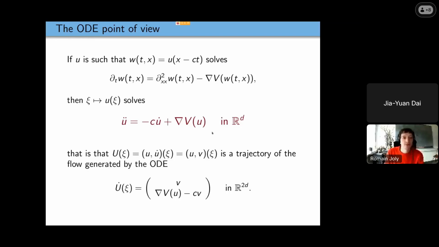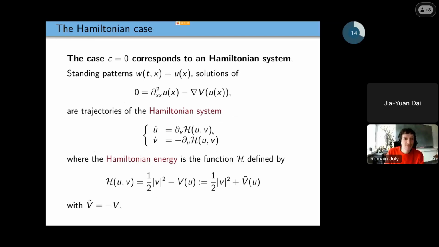So let's look first at the Hamiltonian case, that is the case where c is equal to 0. When c is equal to 0, it's very particular because you have a Hamiltonian system. You're looking at the standing patterns, the spatially non-constant solutions of your PDE, and they are simply solutions of Laplacian u equal gradient V of u.